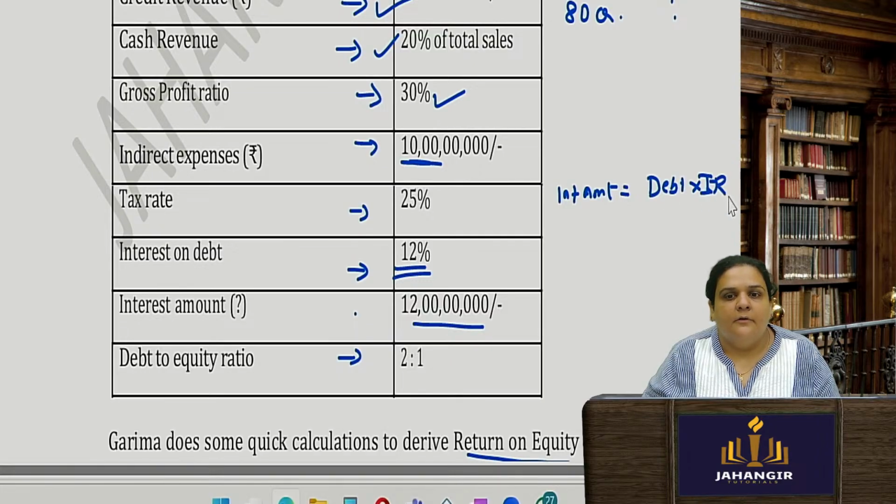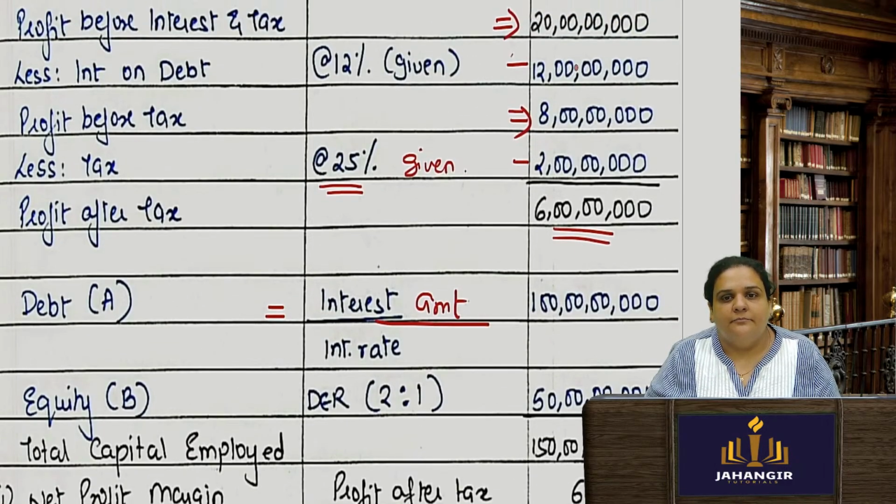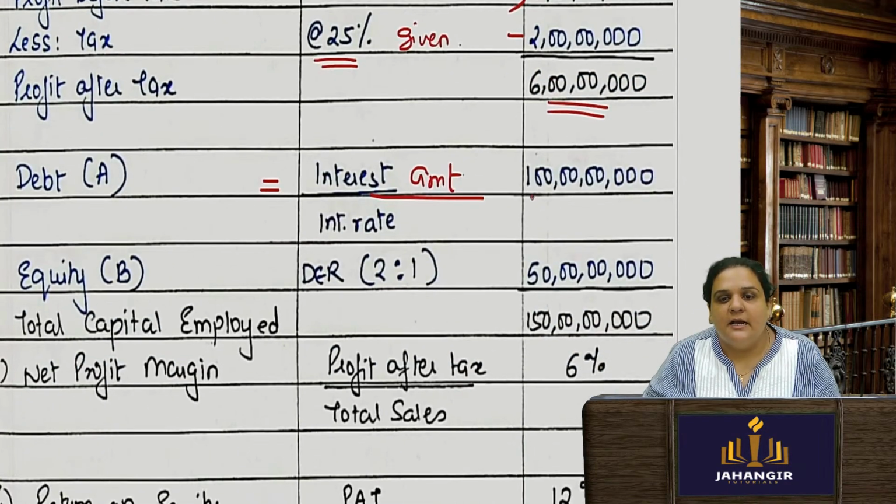Interest amount I have, interest rate also I have, debt I don't know. So interest amount divided by the interest rate gives the debt amount. Interest amount 12 CR divided by 12%. 100 CR is your debt.